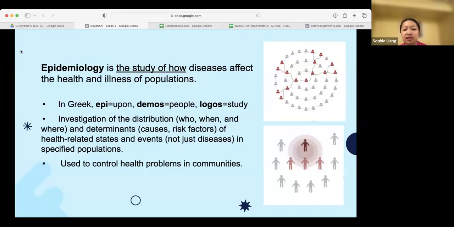So it's like a study upon people. Specifically, it's the investigation of the distribution, so who, when, and where, and determinants, causes, and risk factors of health-related states and events, not just diseases, in specified populations. And epidemiology is used to control health problems in communities.